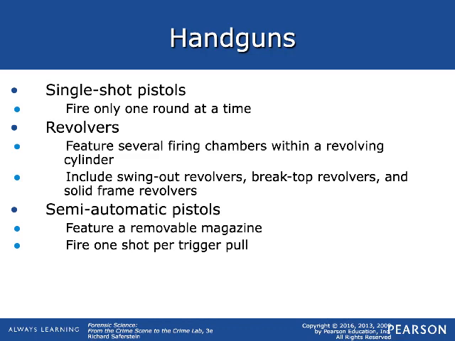Then there are also semi-automatic pistols, and they have a removable magazine, so the magazine can be taken out, and that's where the bullets are going to be put. We fire 1 shot per trigger pull, so only 1 shot when you pull it. So the 3 most common types of handguns are single shot handguns, revolvers, and semi-automatics.